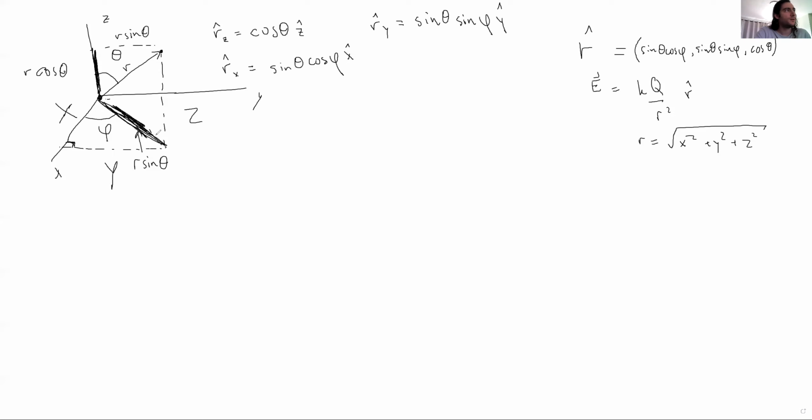Well, square this one to get x squared plus y squared, and then square this one here and add it, z squared, and that's going to get you this r squared here. When you take the square root, you get r. Okay, so it's a matter of looking at the triangles there. All right, and so we should really express E in the following way. So k Q over the square root of x squared plus y squared plus z squared times r hat.